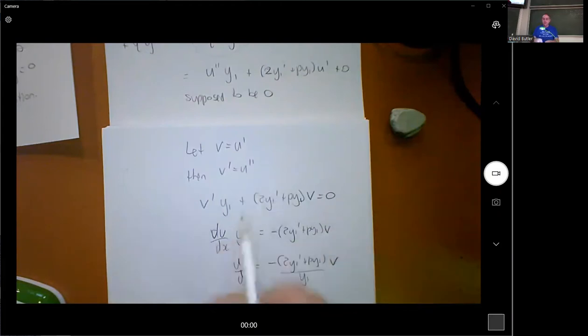And then I could put the 1 over v over here and the dx over there. Integrating factor would probably be ever so slightly quicker, actually.